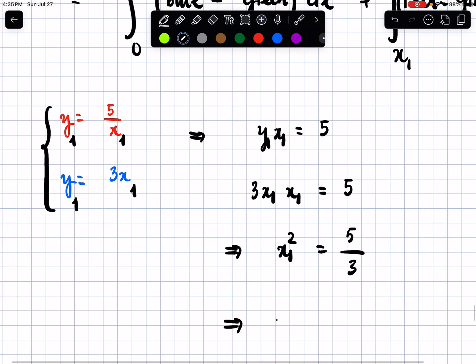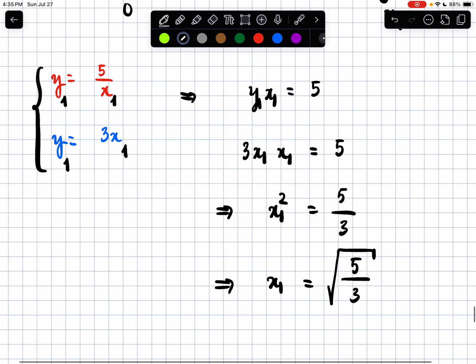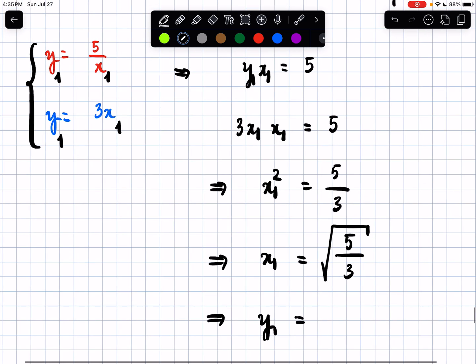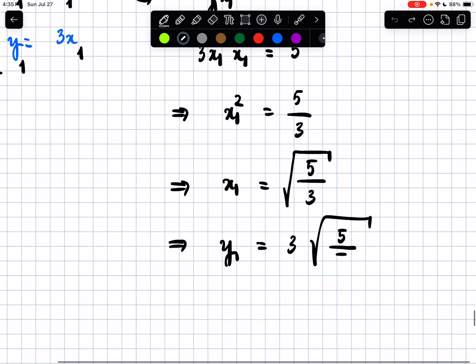So we know that x1 is square root of 5 divided by 3. This gives us y1 is 3 times square root of 5 divided by 3. So this is square root of 15.